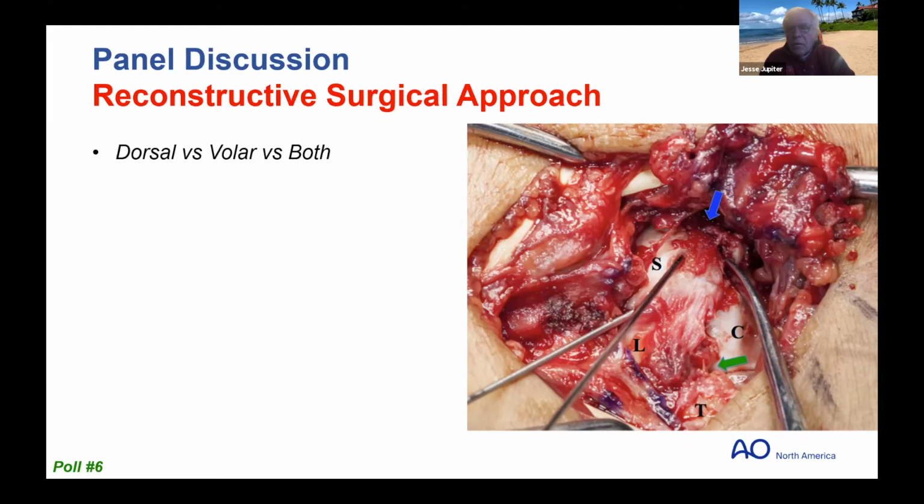One of the problems with the lunotriquetral is that we use pins, K-wires, and K-wires don't tend to last the length of ligament healing. So I found putting a compression screw, a headless screw or a headed screw, across the LT allows you to have much more security and a better healing potential. And you can do that all arthroscopically.